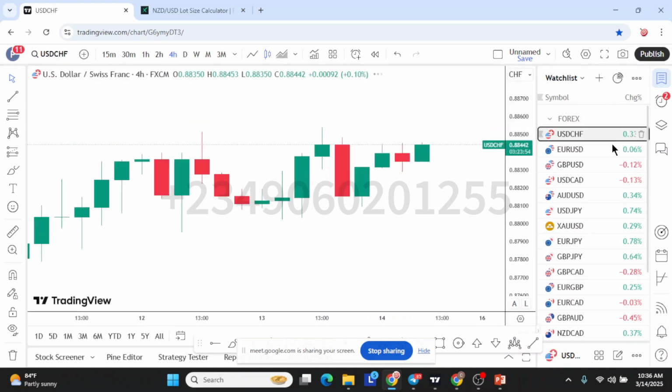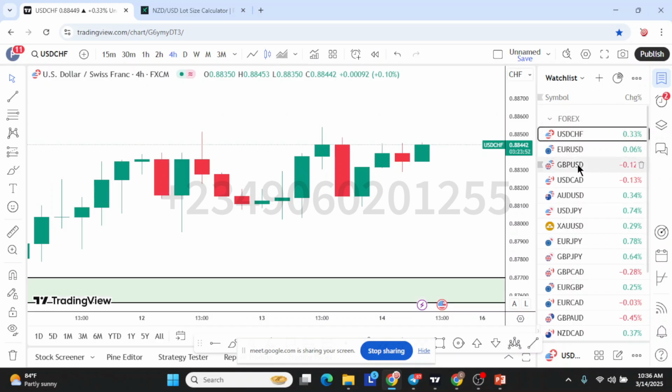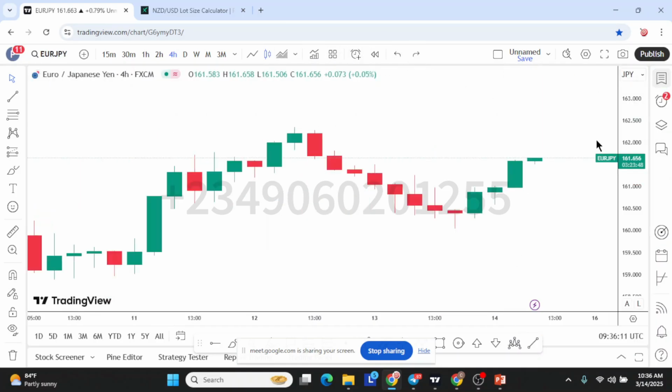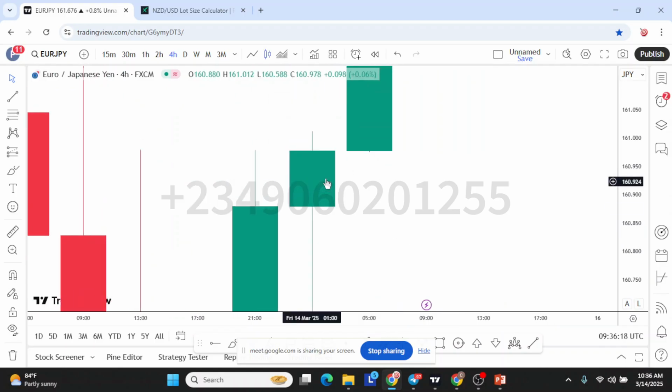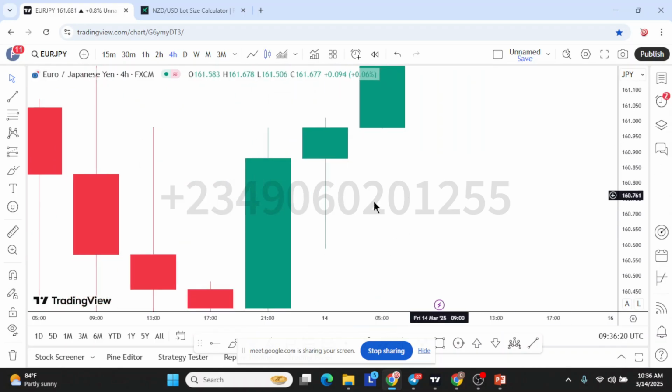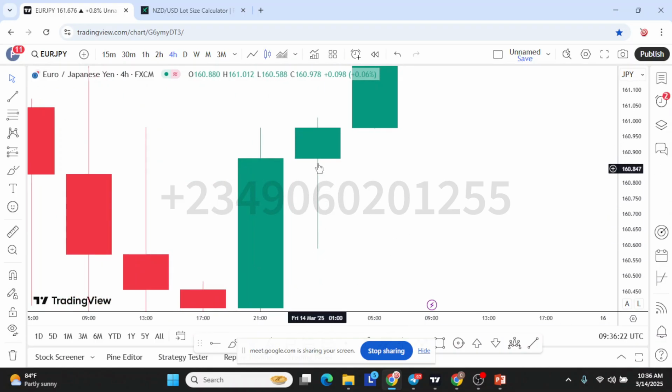So now we have this candlestick. Now you can see that this is a bullish candlestick. Now the wicks, this is the wicks, or you can also call it shadow, wick or shadow. This one has a long lower wick and a smaller one at the top.